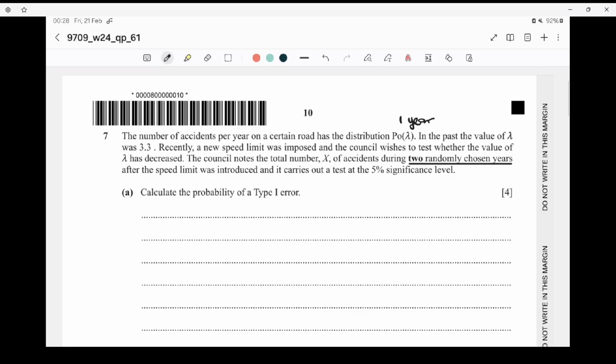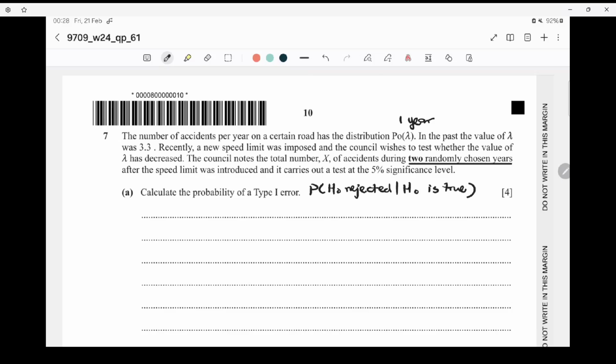The test is at 5% significance level. Calculate the probability of a type 1 error. So type 1 error basically is the probability of rejecting your null hypothesis given that your H0 is true.